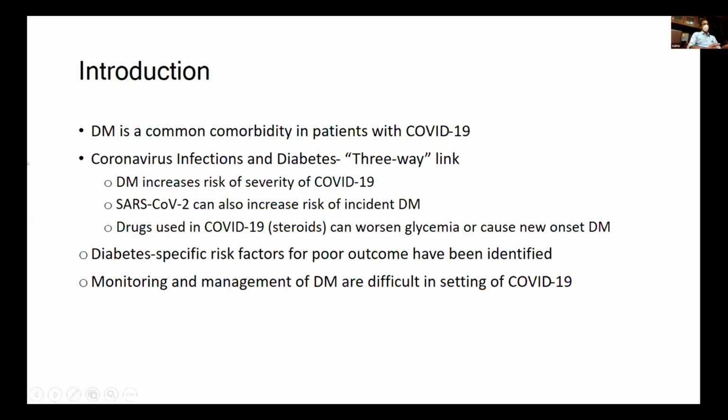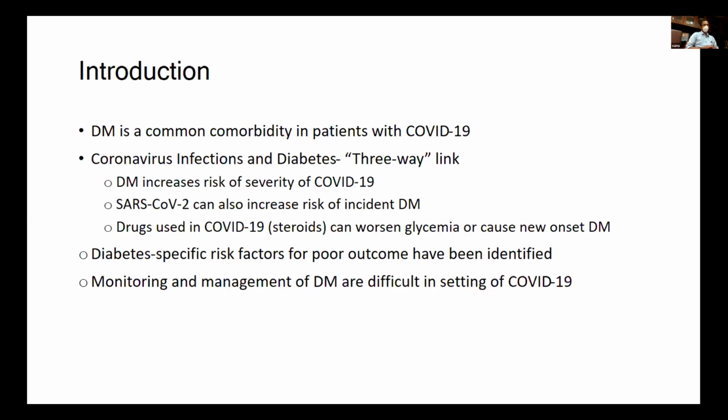Diabetes is very common in patients with COVID-19, and the relationship between coronavirus and diabetes is a three-way link. First of all, diabetes increases the severity of COVID-19. Second, it is well proven nowadays that this virus can independently cause diabetes because it affects the pancreatic beta cells, thus leading to a defect in insulin secretion.